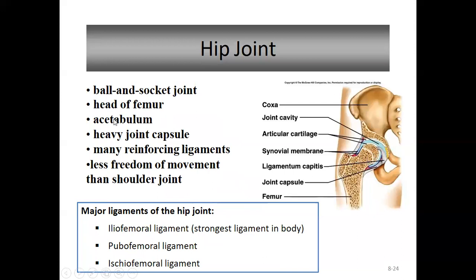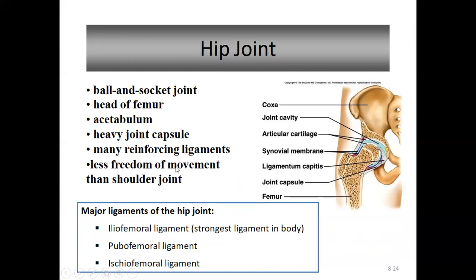You have a heavy joint capsule, a thick ligamentous material that surrounds this joint. You have lots of reinforcing ligaments that sit around this structure, holding it in place.